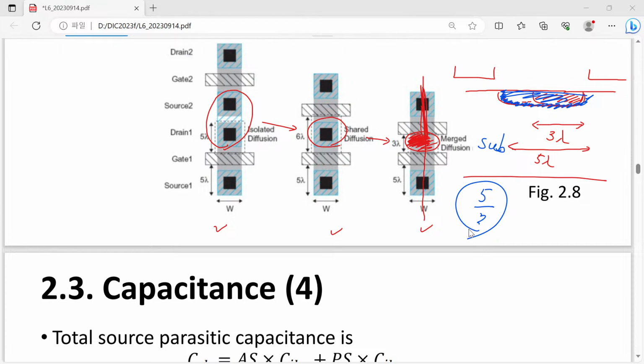If we have a wider structure, then since the area is increased, we will have more capacitance.